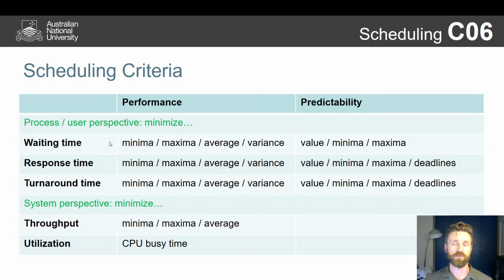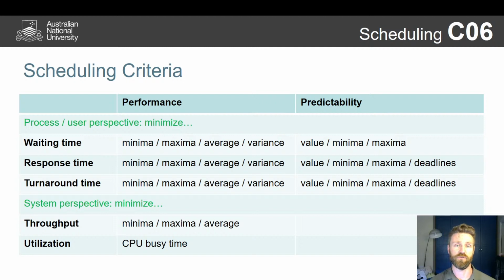Okay, so along those two dimensions, we can focus, but we can also look at different metrics for scheduling systems. So we could look at metrics from the point of view of the process or the individual user. Imagine you have a system that's shared amongst many users or many processes. So from the point of view of an individual process, we might be interested in wait time. So how long is it until this process gains access to the CPU?